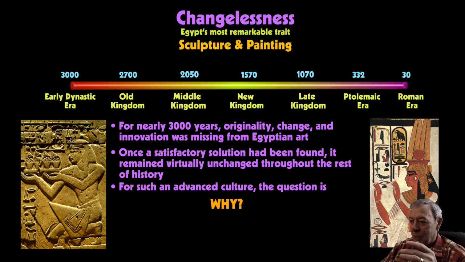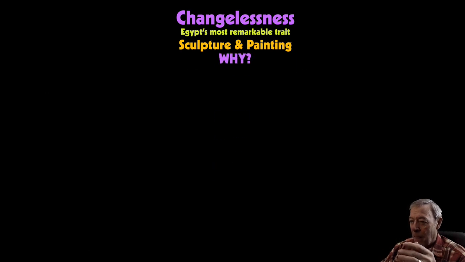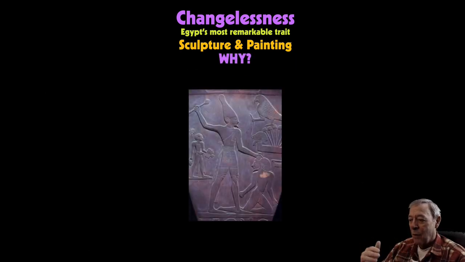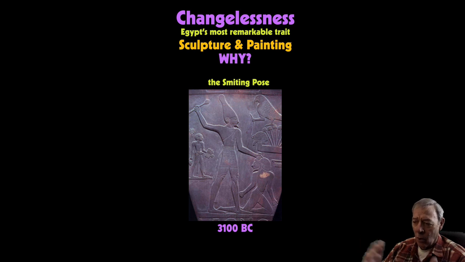And yet, let's look at the changes that occurred here. So here, for example, is an Egyptian relief sculpture showing a pharaoh in what's called the smiting pose. He's got his mace in his hand. He's about ready to bash his enemy on the head. That was from about 3100 BC, the early dynastic era, the very earliest period of Egyptian history.